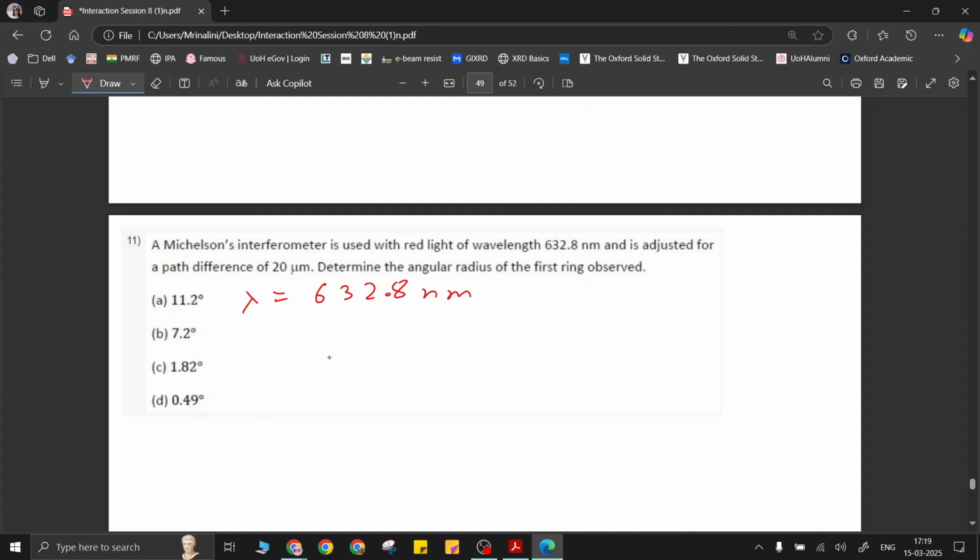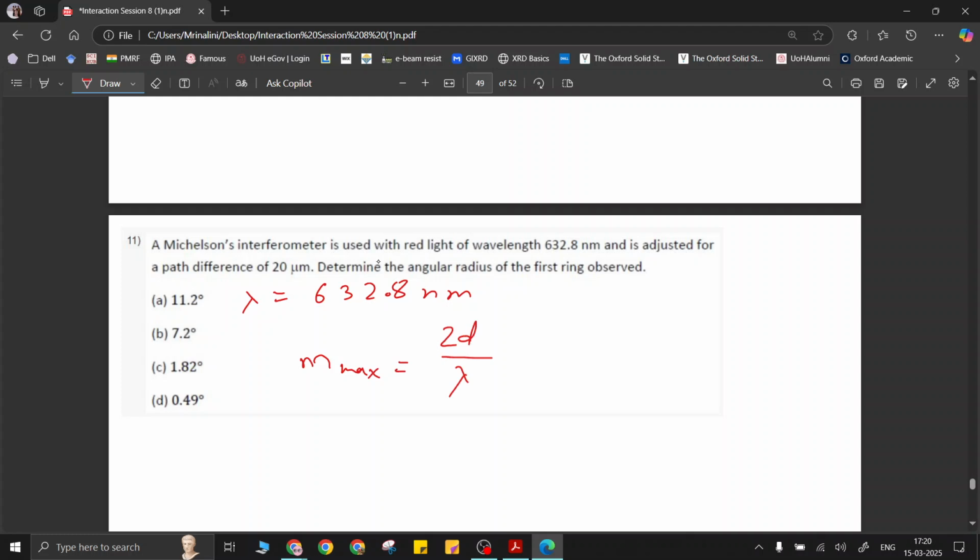Okay, so we consider that at the center we are getting a dark spot. Then the maximum order for the central dark spot is the maximum we can get if d is fixed.